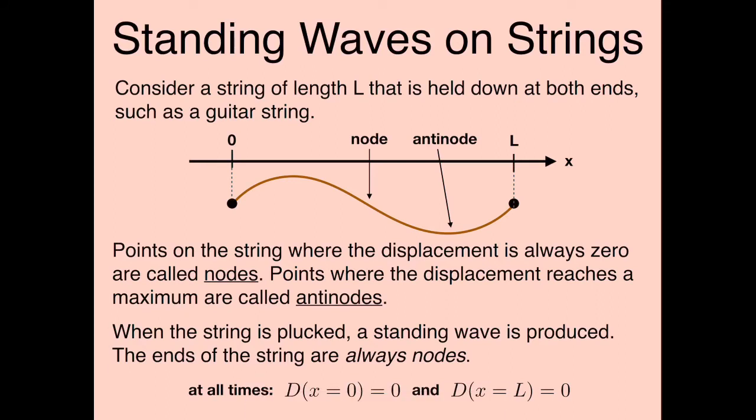So at all times, we have d, the displacement, at x equals 0 is equal to 0. And the displacement at x equals L also has to be 0. So using those 2 facts, we're going to derive what type of waves can actually be on the string. Okay, so we're going to start here and do a quick derivation.